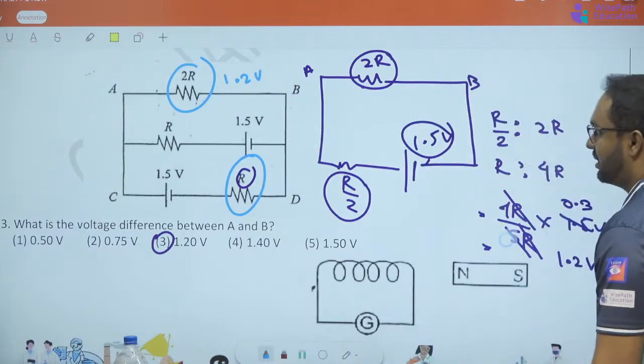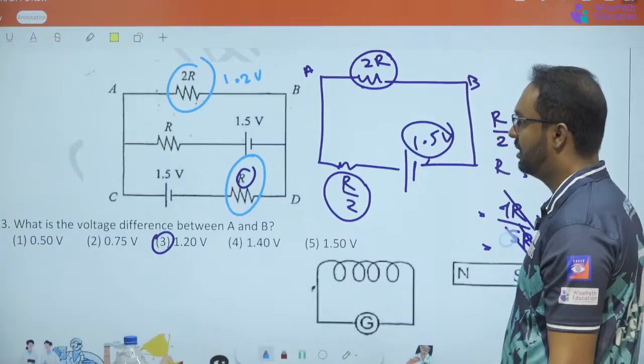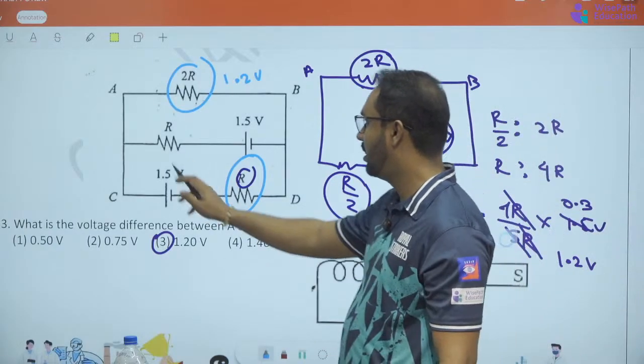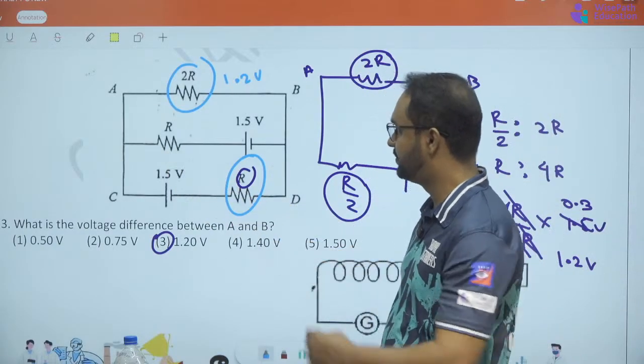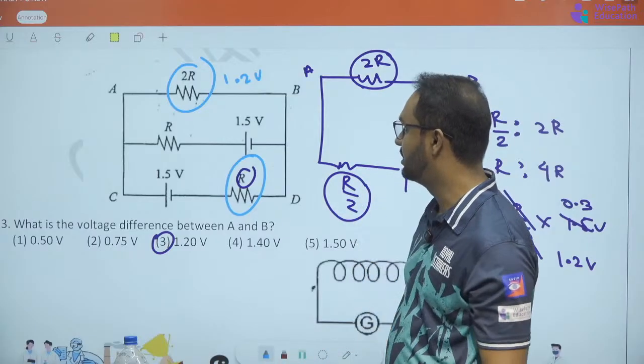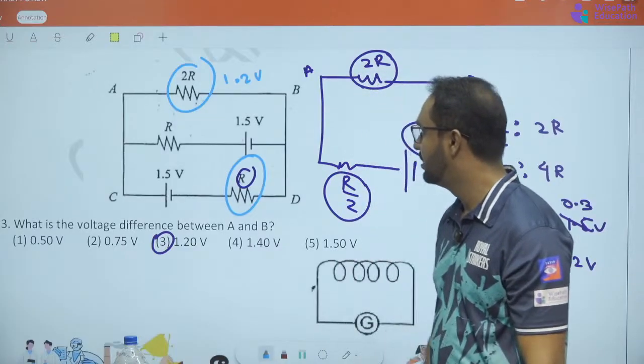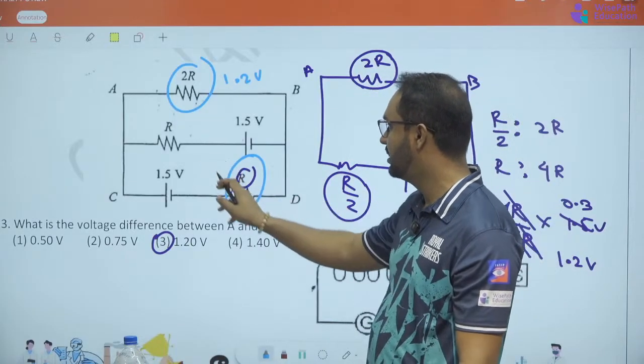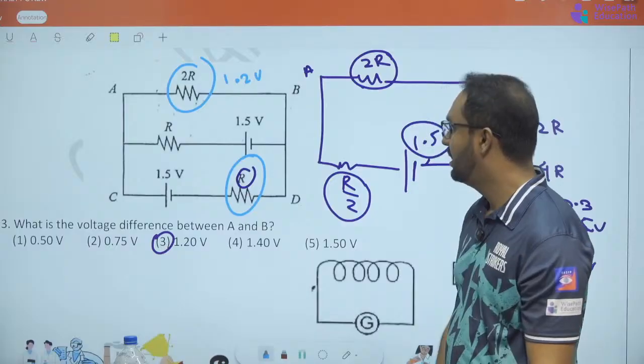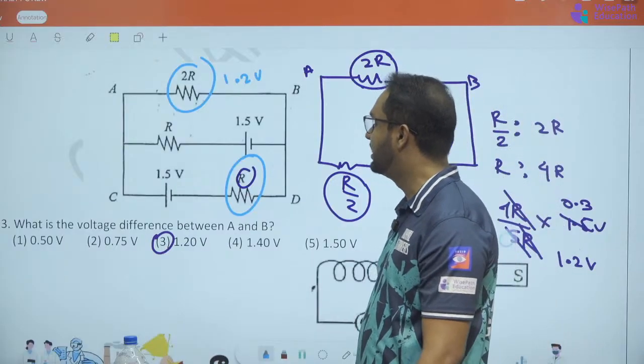So the rest of the voltage should go to R here and R here, and they're in parallel combination. Get it? Therefore, they have to have the same voltage, right?